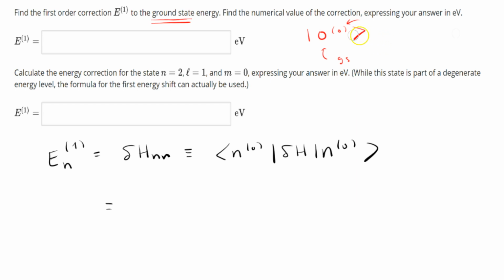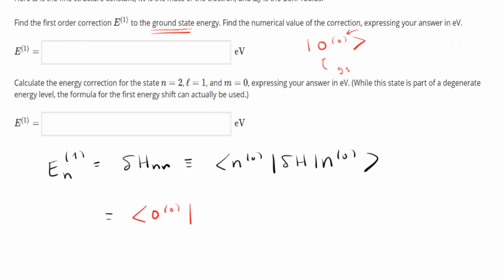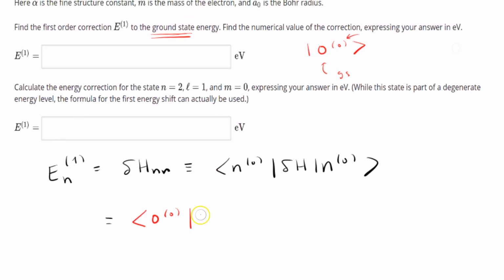Okay, so now let's plug this in. We have 0, and then delta H is going to be this term right here, pi over 2, alpha to the 4th, mc squared, a naught cubed, delta of r, and 0, 0.